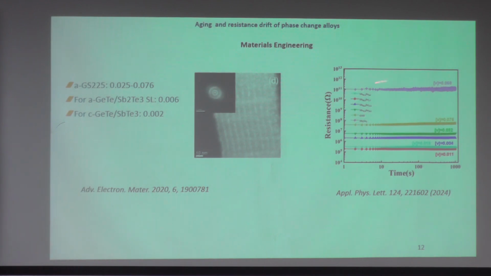This is a slightly different composition, not GST based but antimony selenium based. And here, if you adjust the composition, we can also get a very low value of resistance drift, on the order of the superlattice structure.